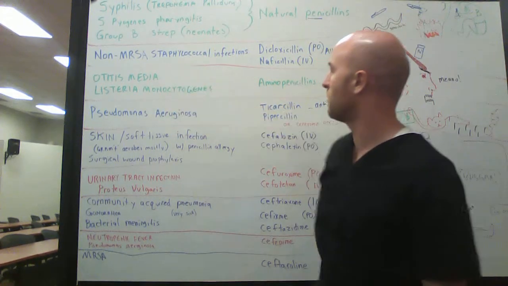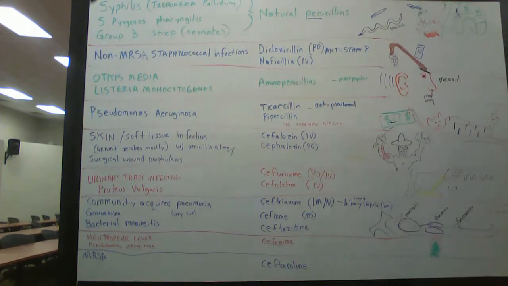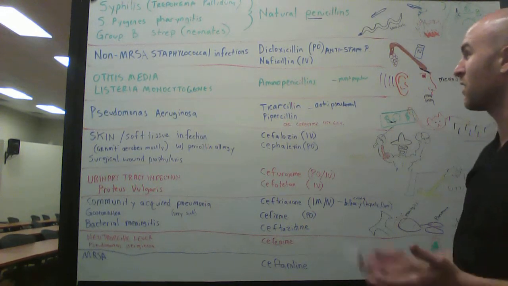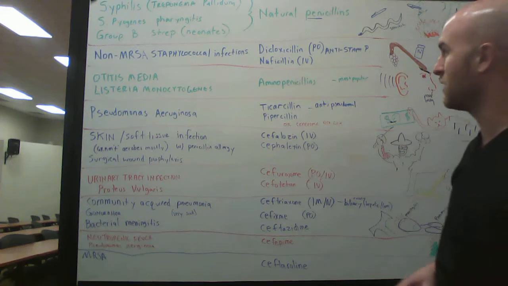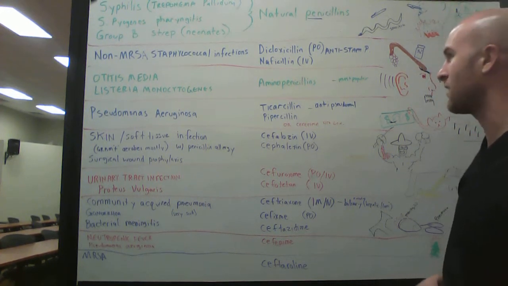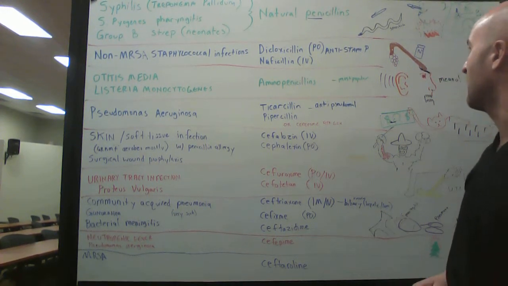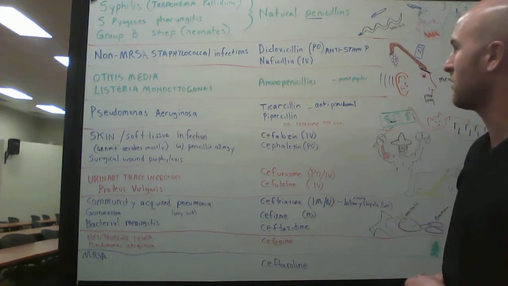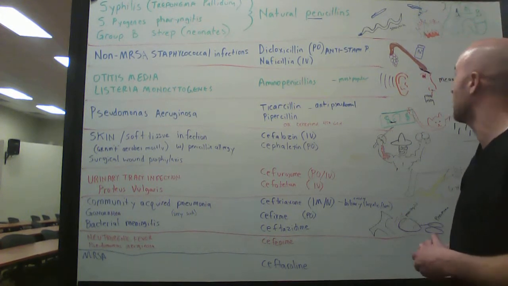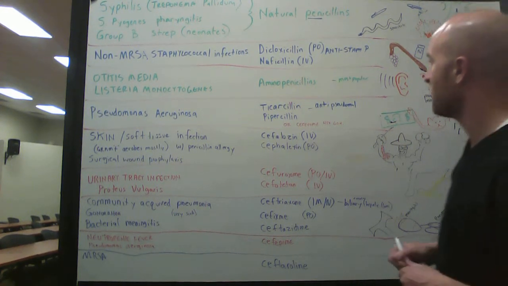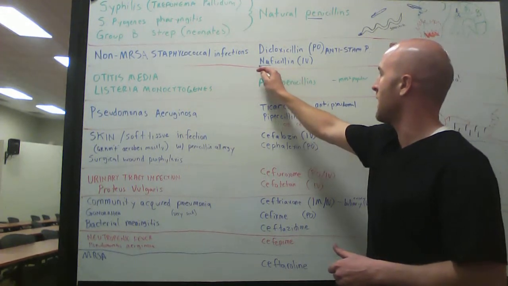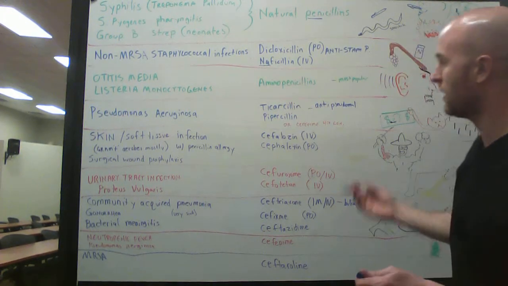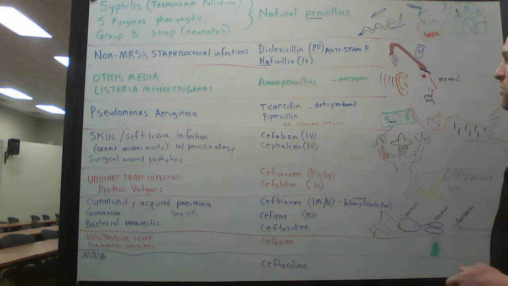Next, non-MRSA staphylococcal infections. For this one, the class of penicillin is called anti-staphylococcal penicillin, so that should be the giveaway. But in case you can't remember that, just remember nafcillin; Na is the term usually used for sodium.